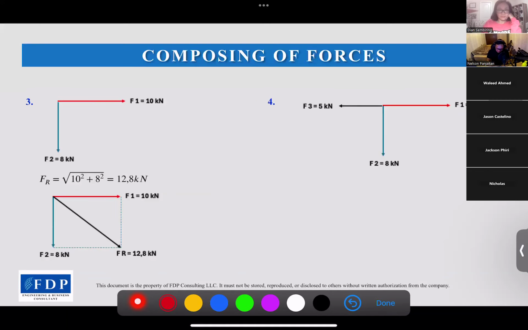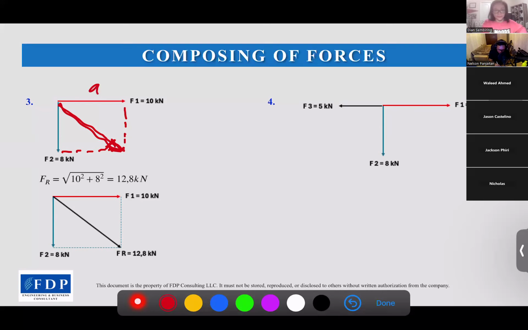And then the third one is if F1, 10 kilonewton, is acting on the X positive and F2, 8 kilonewton, is acting on the Y negative. In this case, we need to use trigonometry. We know the direction will be like this.